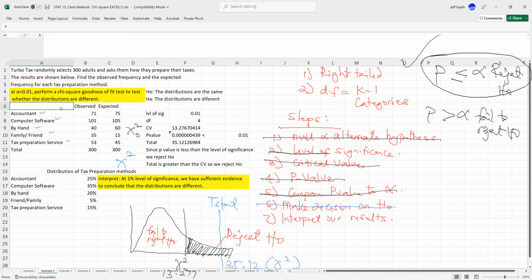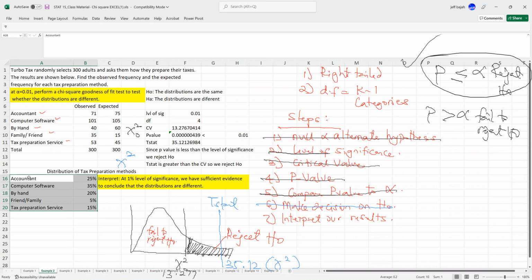You now make an observation by sampling, and then you compare your sampled results to the known expected results. By doing that, you want to see if what you have is different from what has been, right? And that's how we solve questions involving the goodness of fit test. I hope that makes sense.